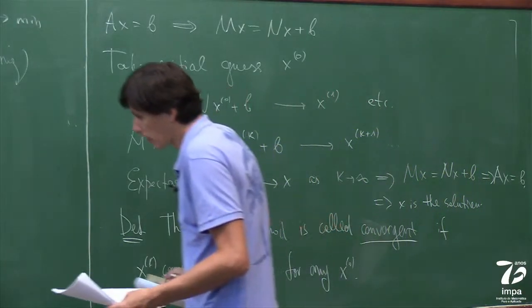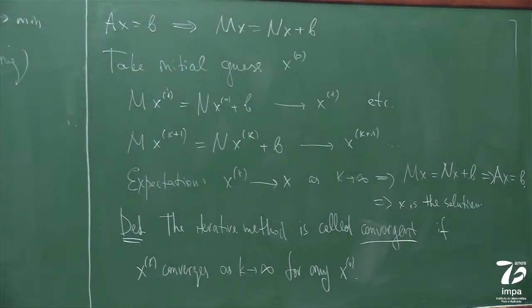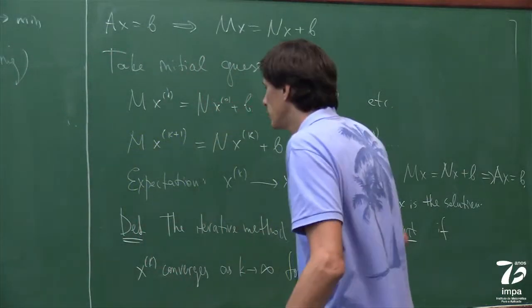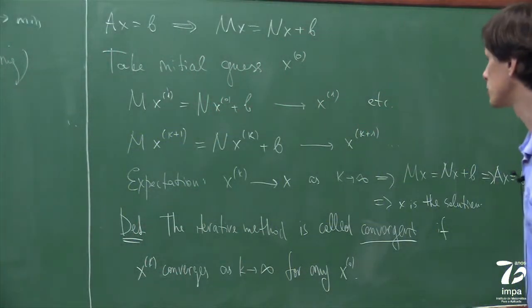Now I'll give you the theorem which is used for proving convergence in various situations. What is important about this matrix for making this method convergent? You see, this method is actually much cheaper than other methods like LU decomposition or QR decomposition.